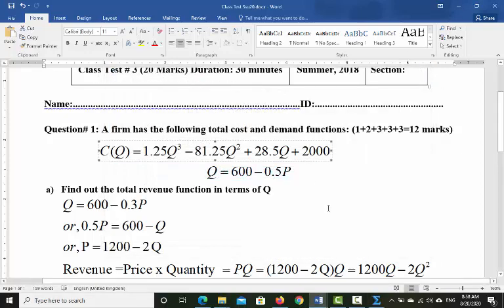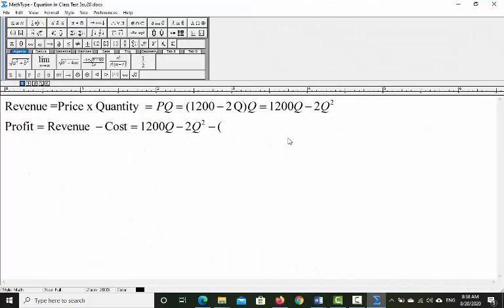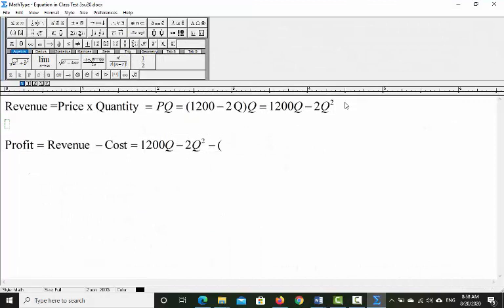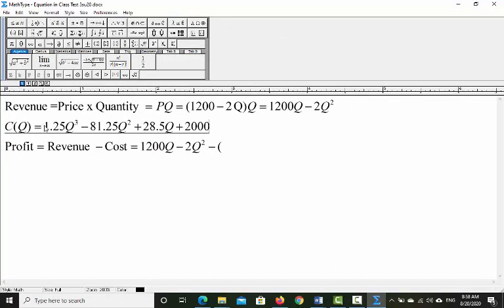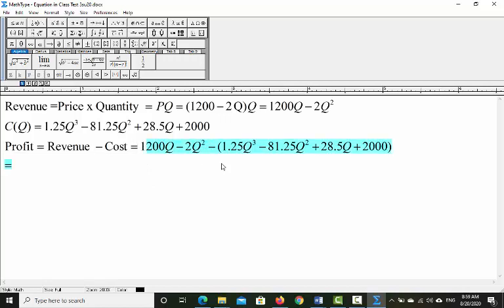And here we can see this is the cost function. So minus this bracket, and we will simplify now.